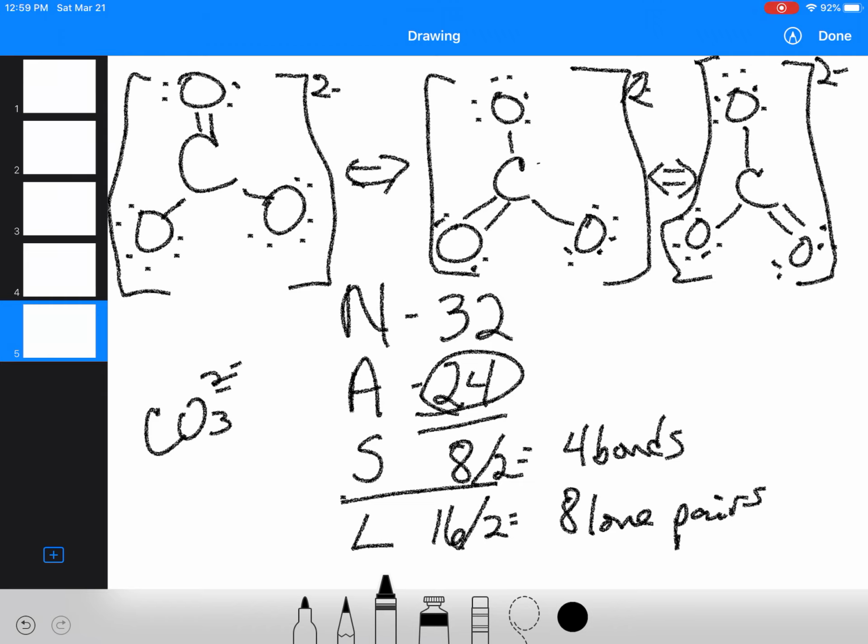And it's 2 more because, of course, electrons are negative. If we had a positive cation, like let's say the ammonium cation, our available number would be less. The positive 1 charge here means we have 1 less electron than we would expect.